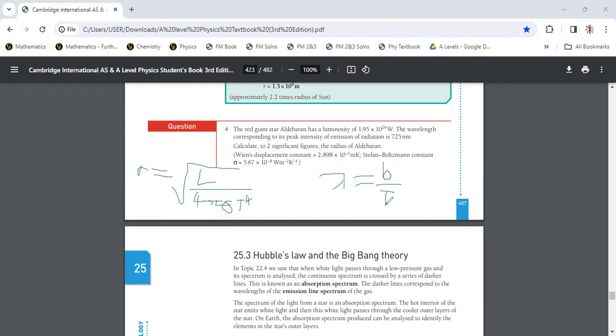Raise it to the power of 4, multiply by the Stefan-Boltzmann constant, and divide the luminosity by that answer. After performing a square root, and converting to kilometers as our answer was in meters, you should get 3.3 times 10 to the power of 7 kilometers.